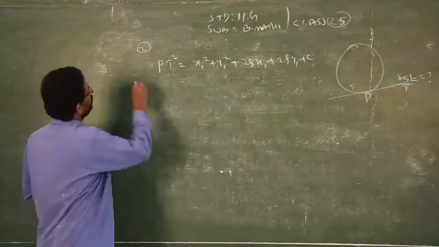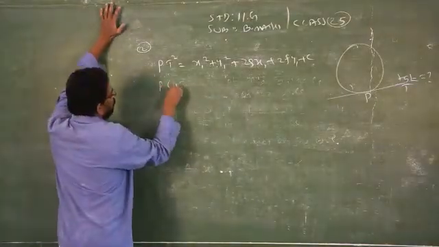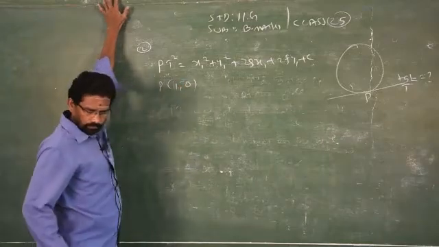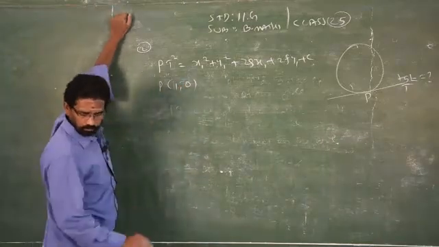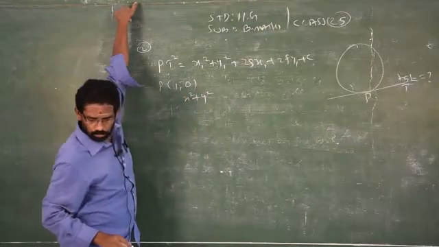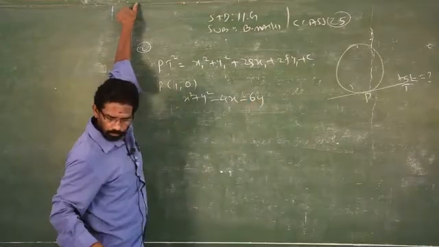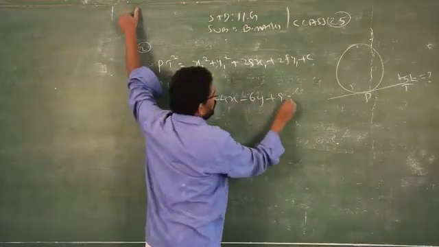So the second sum, this is the general formula. It is given P of 1 comma 0. The circle is given: x square plus y square minus 4x minus 6y plus 9 is equal to 0.